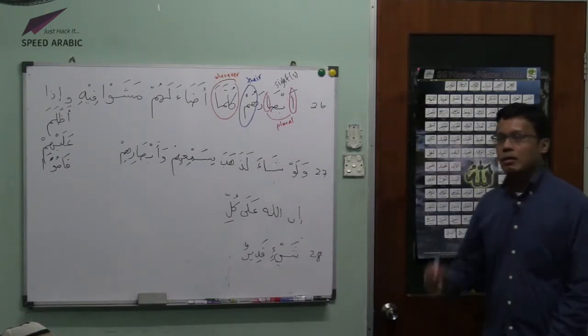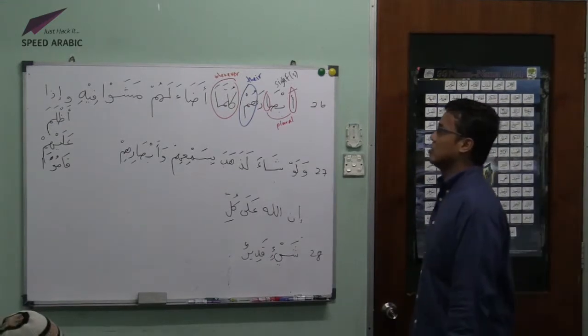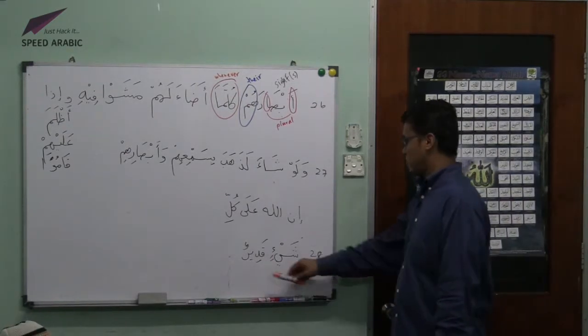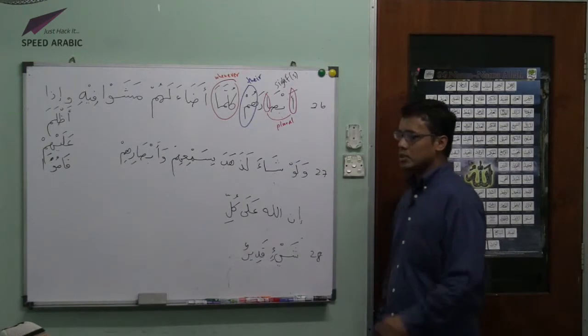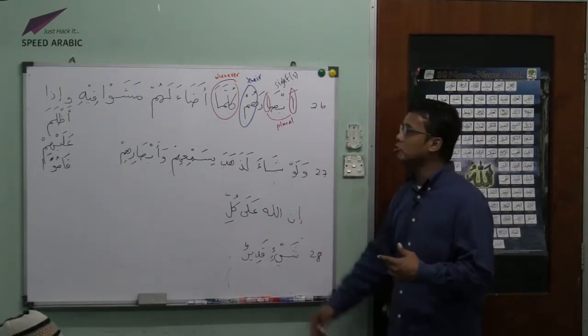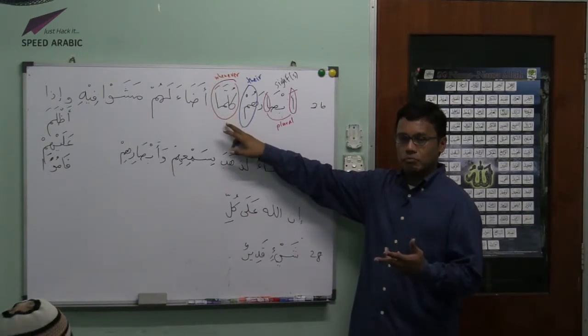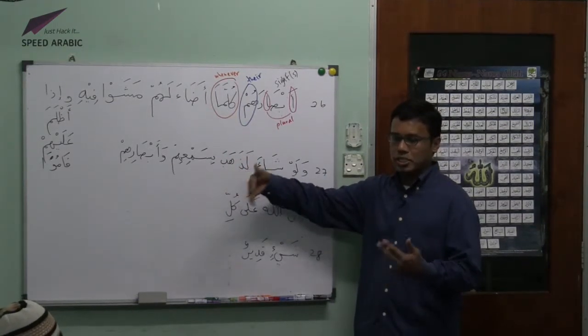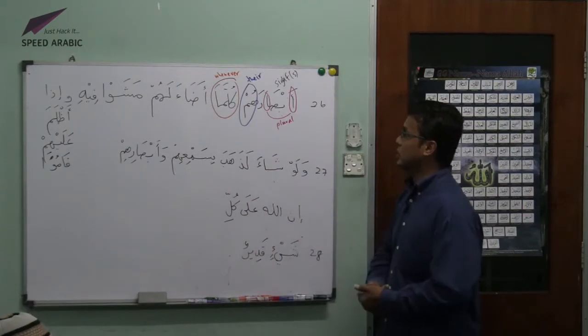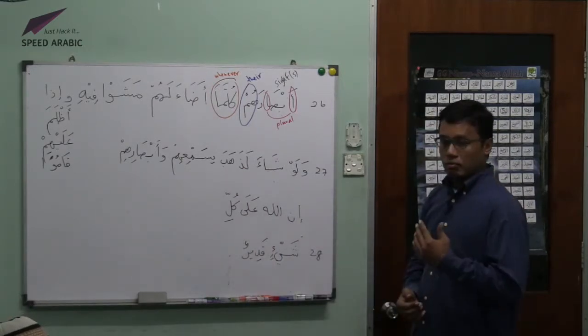Okay. Because when you go further, you will know that kullu is a rooted word whose root is kaf lam lam, which means all, setiap, every. Okay. Ada'a, we saw this before.